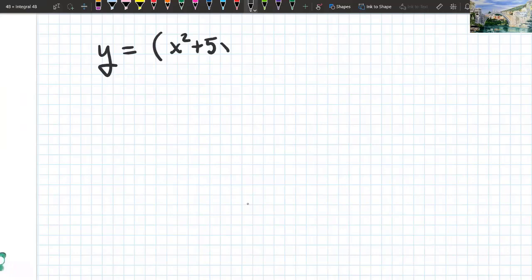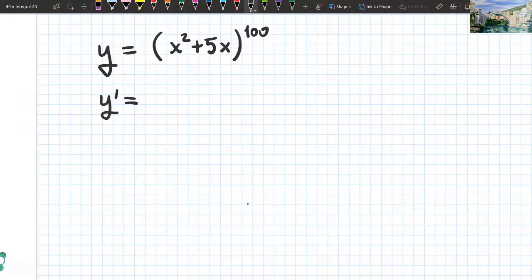So let's say y is equal to (x squared plus 5x) to the power 100. So this is y, and I need to take the derivative of the y function.